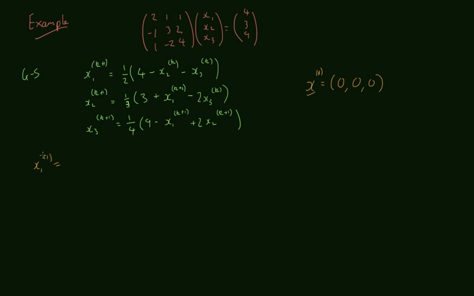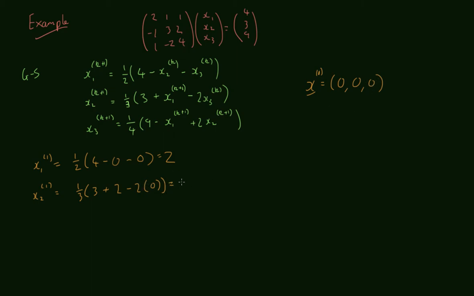Our first estimate is 1 over 2, 4 minus, well, x2 and x3 are currently 0, so that makes it quite easy. Our second unknown is x2, so I have 1/3, 3 plus x1, which we've just calculated, so that's 3 plus 2, minus 2 times x3, which is still 0.